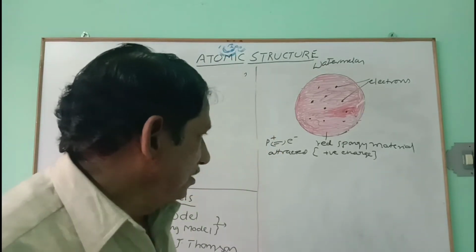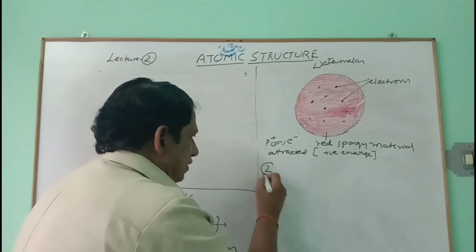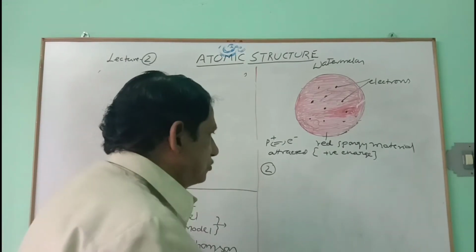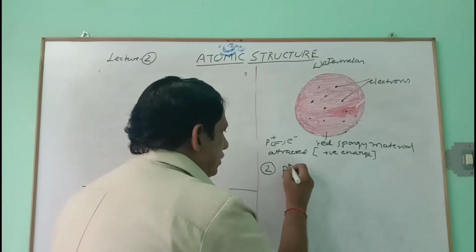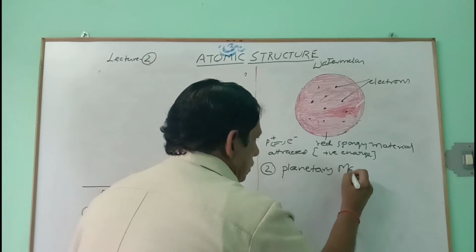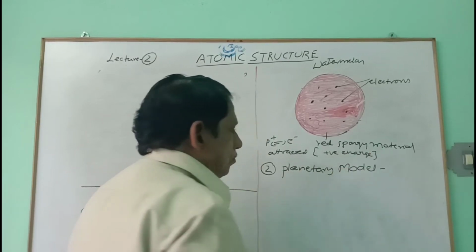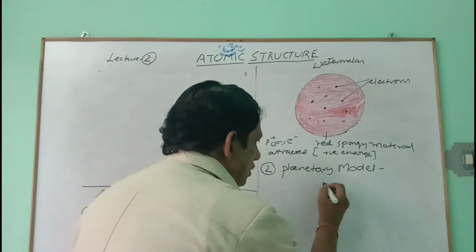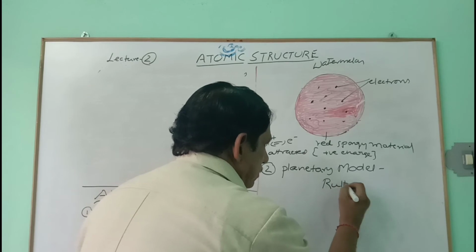Later, the second model is Rutherford's model, which is also called planetary model. Planetary model was proposed by Rutherford.